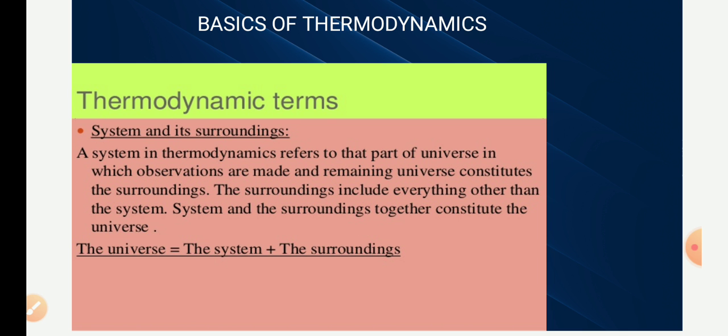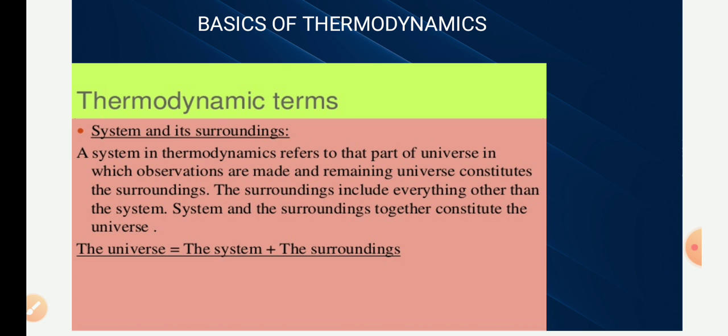And boundary: the term boundary means an actual or hypothetical envelope enclosing the system. The boundary may be mobile or it may be steady. Everything in the universe except the system is called surroundings.